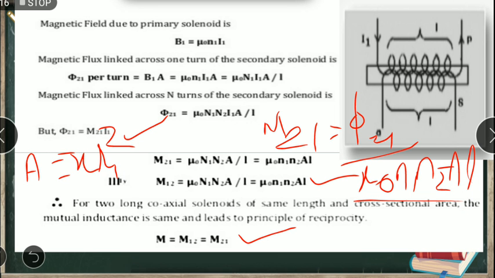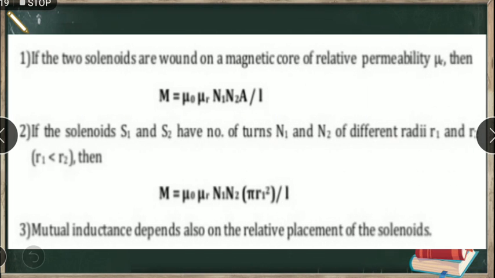Okay, next, a few important terms. Suppose two solenoids are wound on a magnetic core of relative permeability. Okay, if there is no core, simply only the mu naught term, the free space value.